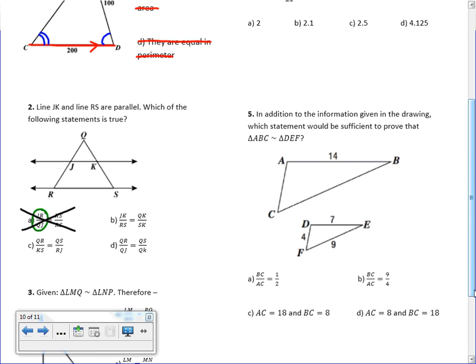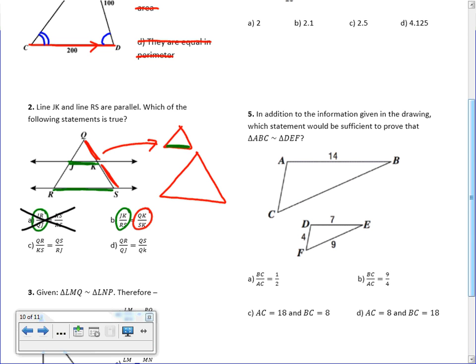B, let's look at B. JK is to RS as QK is to SK. Well, that looks good and everything, but what they did is they have two triangles here, the smaller one on top and the larger one as the whole. And they're saying the first part is fine.